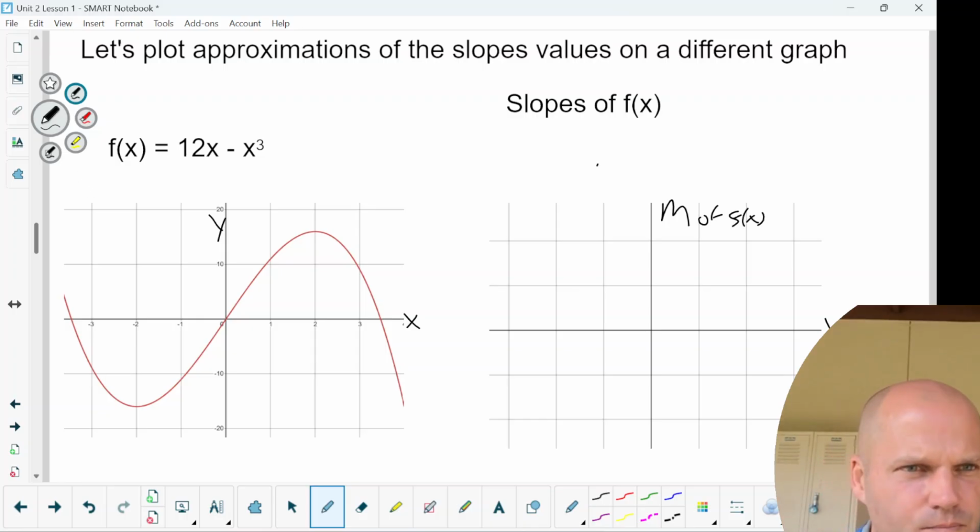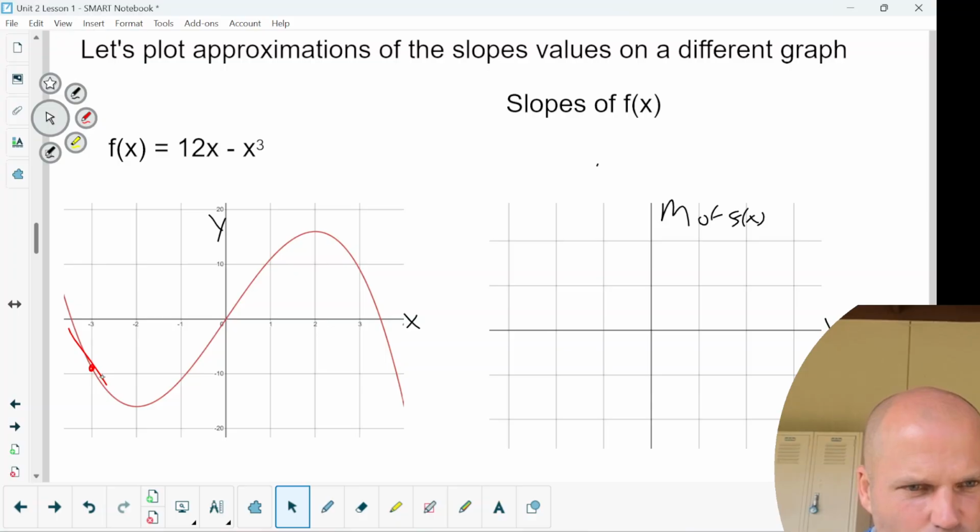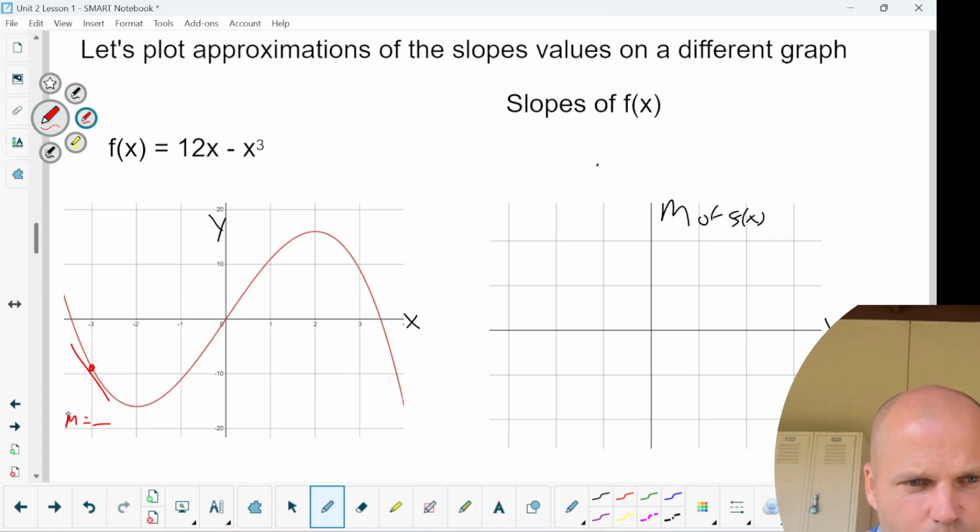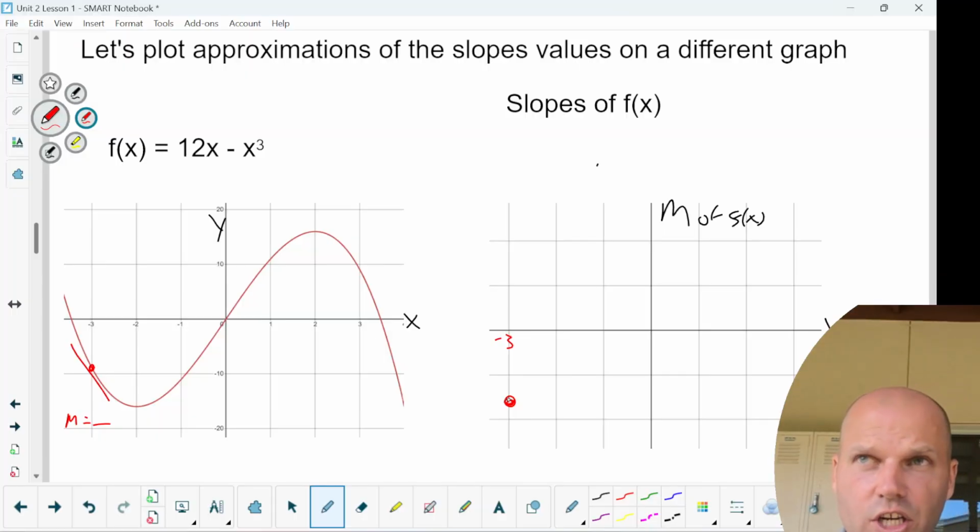And here's what I mean. At x equals -3, we drew that tangent line. We saw that that slope was negative, right? We don't know exactly what it is, but we know it's negative. Well, at x equals -3, I'm going to plot a negative value. What is the value exactly? I don't know, but we're just going to plot a negative value somewhere.